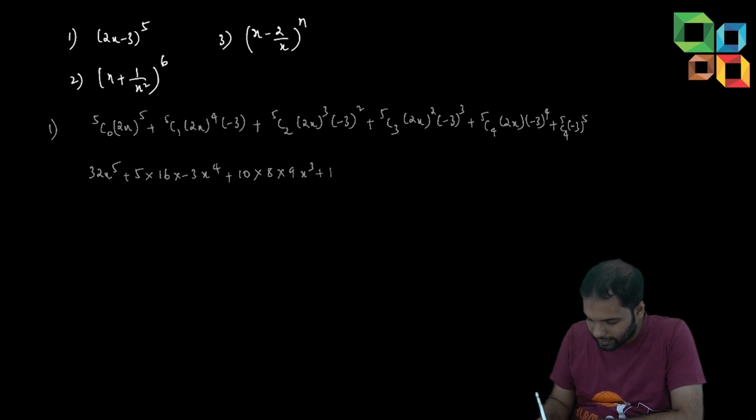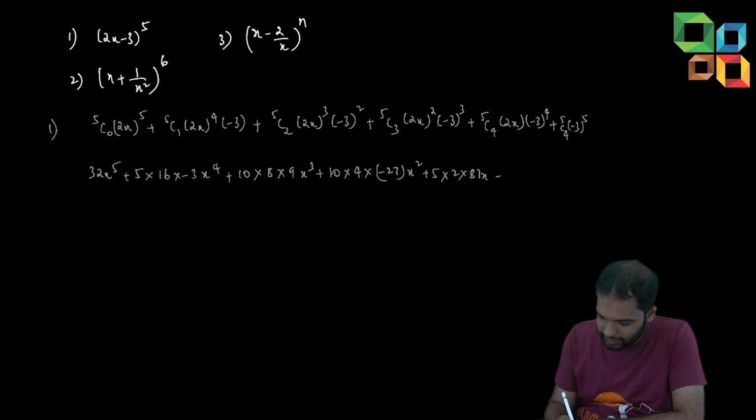This is again 10 into 4 into minus 27 x square. Again 5C4, 5 into 2 into minus 3 power 4, which is 81, into x. And the last term would be minus 3 power 5, so we can directly write it as minus 243.